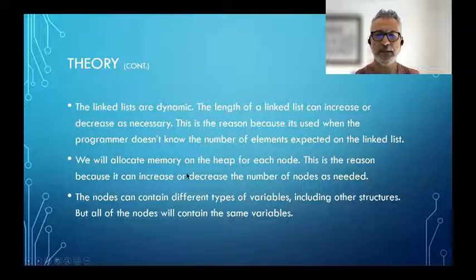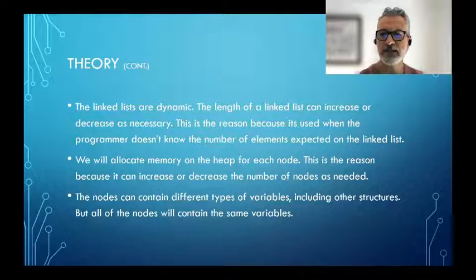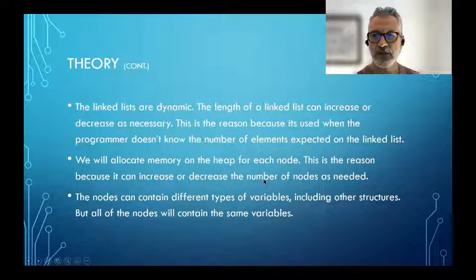Linked lists are dynamic. The length of the linked list can increase or decrease as necessary. This is the reason it's used when the programmer doesn't know the number of elements expected in the linked list. We will allocate memory on the heap for each node. This is the reason it can increase and decrease the number of nodes as needed.